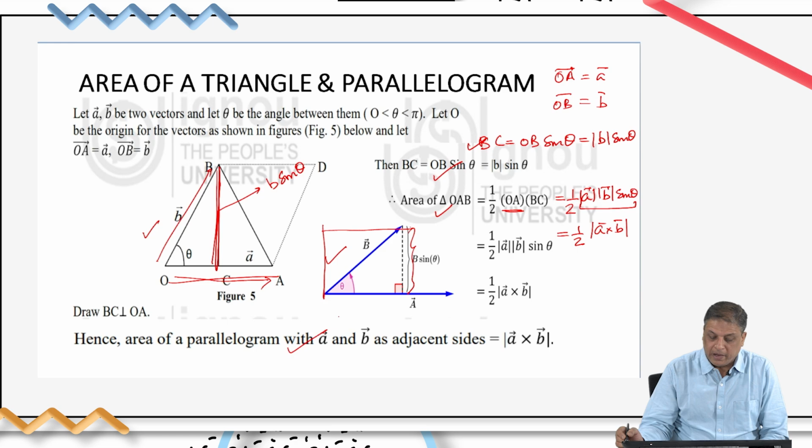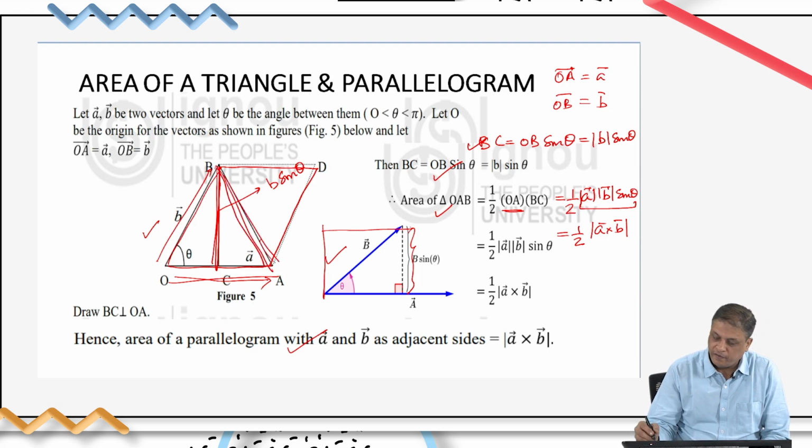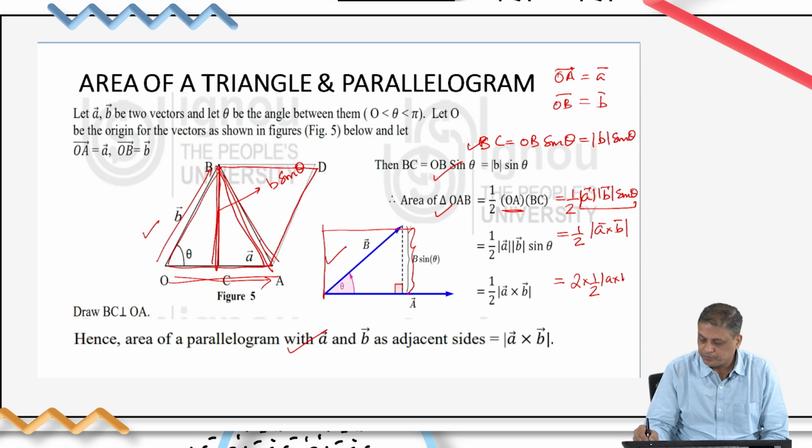And we know that the area of the parallelogram with A and B is given by this dotted expression included, that means this and this. So, that means this is twice the area of the triangle. So, that means the area of the parallelogram will be twice the area of the triangle. So, half of this.